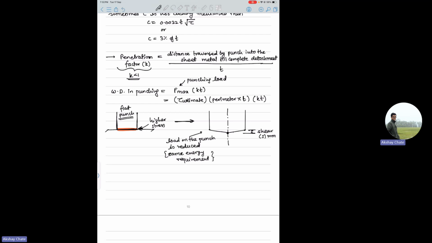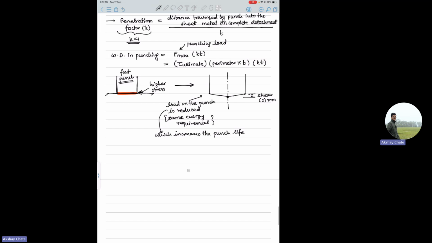The load on the punch reduces, which increases the punch life. So that is the advantage of providing shear, not the energy. You don't have any energy savings by providing shear. You only improve the life of your punch.